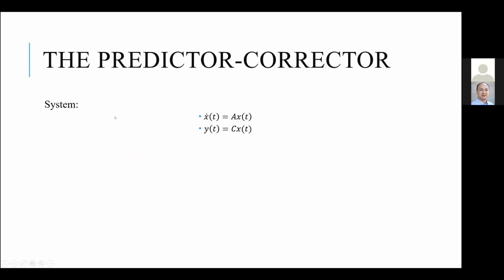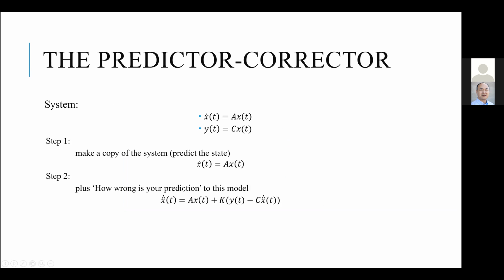So how do we make it? Basically it's very simple. First you make a copy of the original system, so the dynamics are the same, and then you add how wrong your prediction is. That is y(t) minus C x hat(t). C x hat is y hat, which is your prediction.